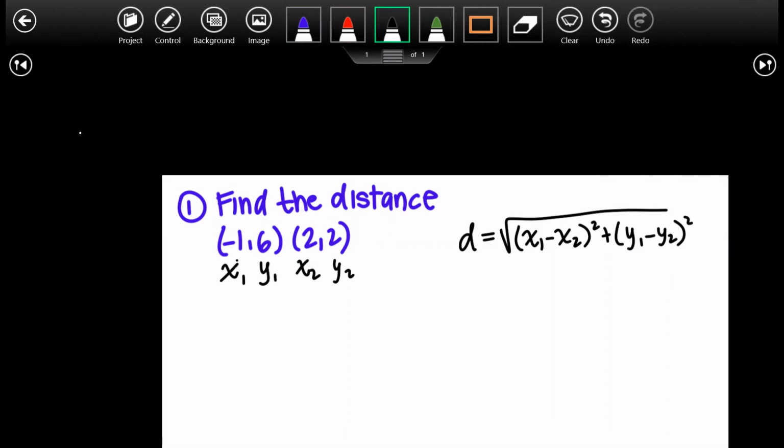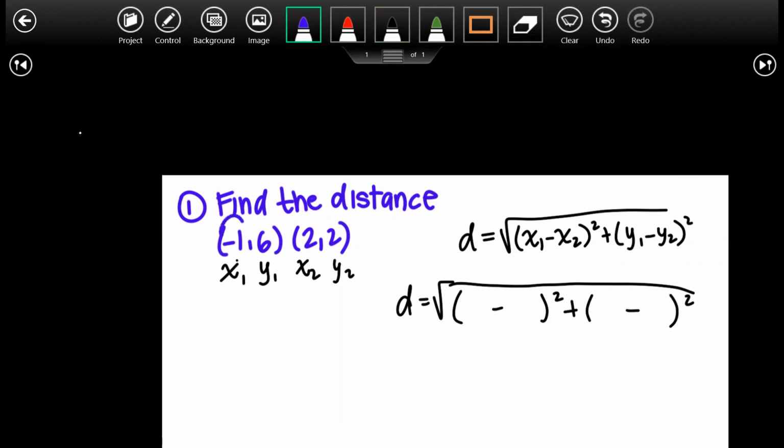And all we're going to really do is plug in our values. So the distance is going to be equal to the square root. Underneath the whole big thing, I'll plug in my values. Our x1, let me put minuses in here, is going to be -1.